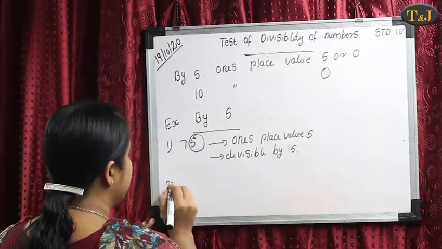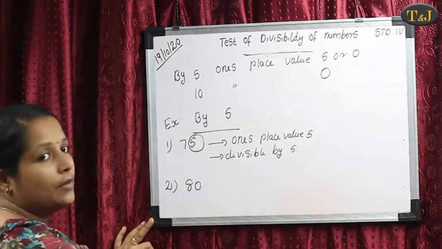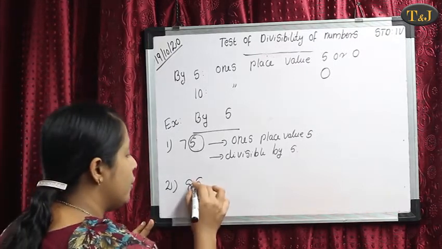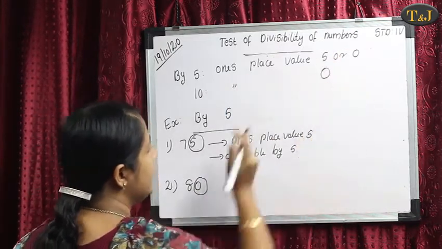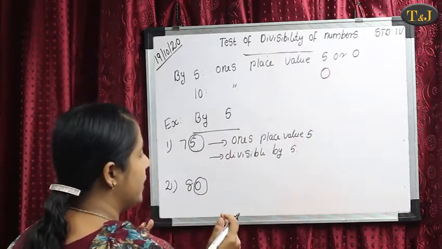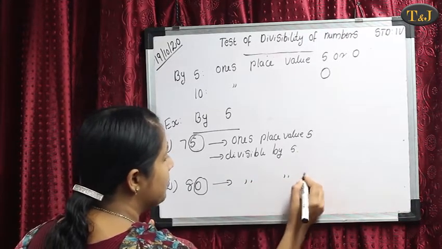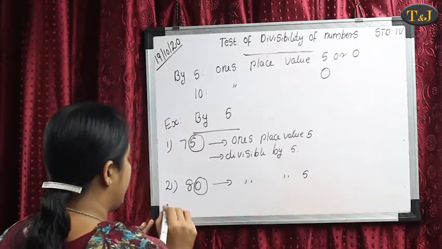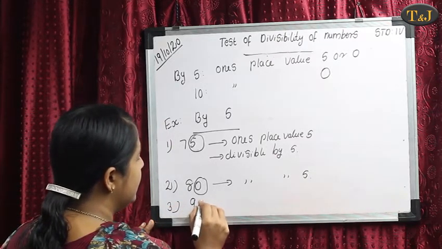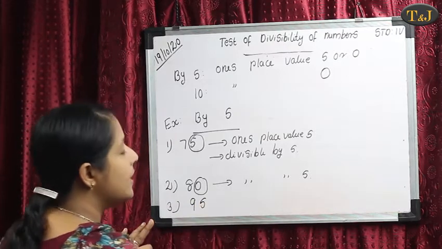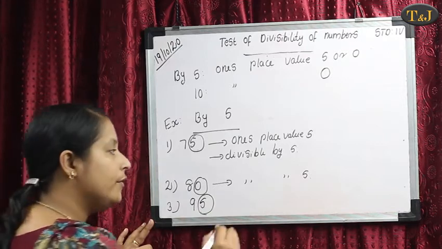Then take the number 80. In this number the ones place value is 0. The condition is that the ones place value is 5 or 0, so 80 is also divisible by 5. Then one more example, take the number 95. The ones place value is 5, so it is divisible by the number 5.